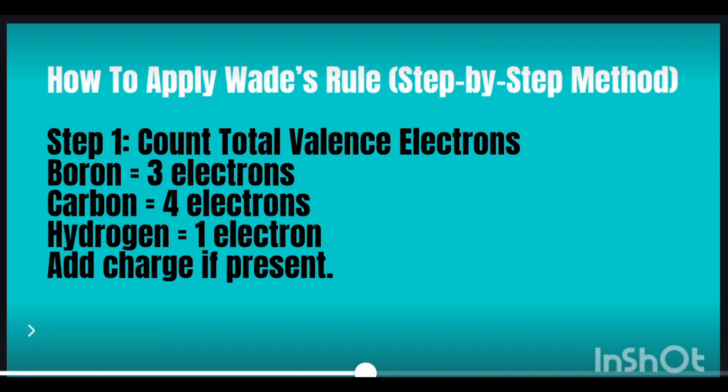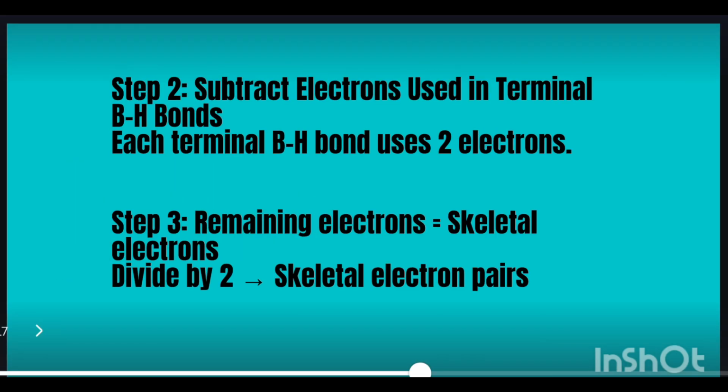Now we'll see how to apply Wade's rule, step by step. In step 1, we have to count total valence electrons. Boron has 3 electrons, carbon has 4 electrons, hydrogen has 1 electron, and we add electrons if a negative charge is present. In step 2, we subtract electrons used in terminal B-H bonds.